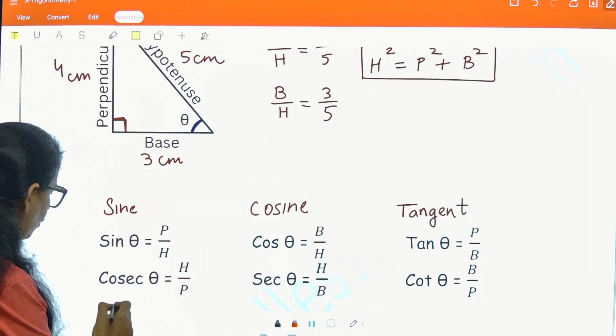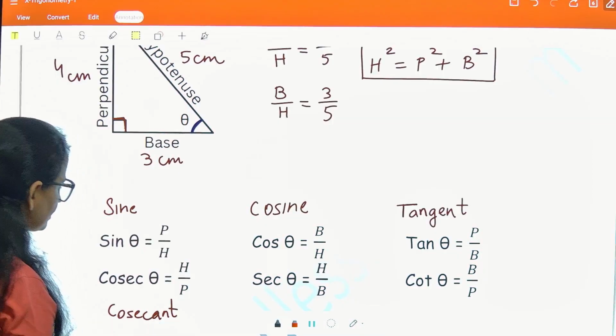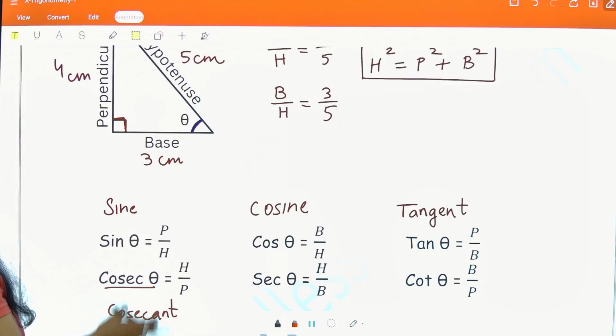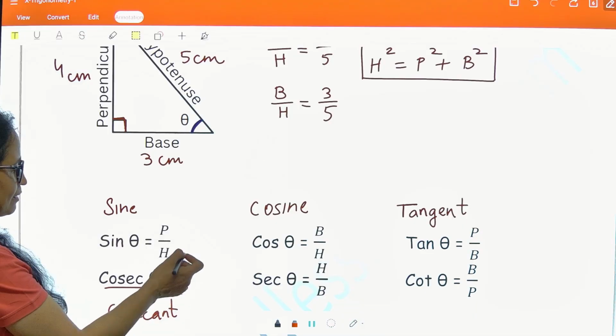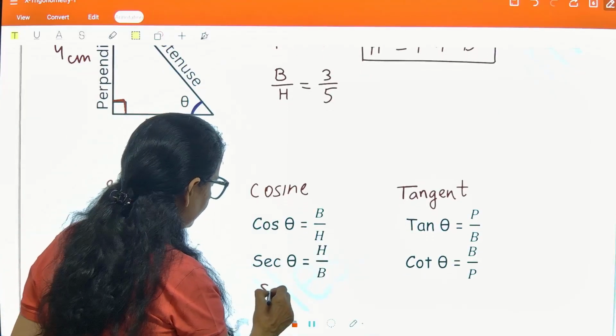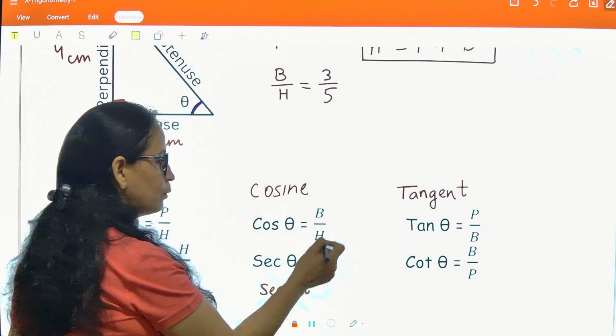Next is cosecant, which we call cosec theta. The way you have nicknames, these ratios also have their nicknames. Cosec theta is hypotenuse upon perpendicular. This is secant, known as sec. Sec theta is hypotenuse upon base.